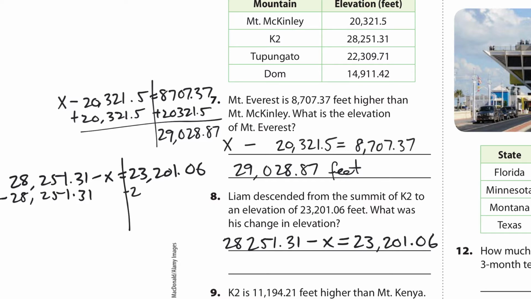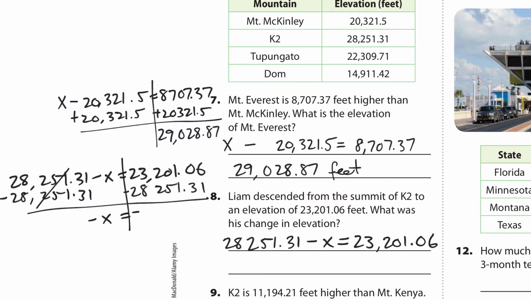Negative 28,251.31. Whew. These cancel, and what we're left with is negative x. And we need to subtract these two numbers here. But I need to put the 28,000 on top for a moment. This part is going to be negative because 28,000 is bigger than 23,000.